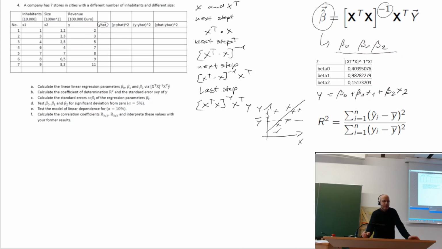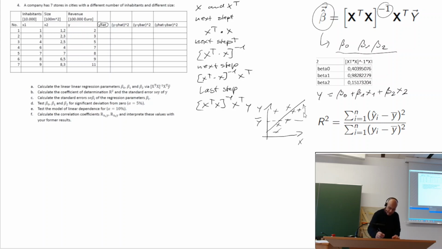What we are doing with a regression line is, so to speak, shifting this horizontal line a little bit so that all our data points are more in the neighborhood of this regression line.